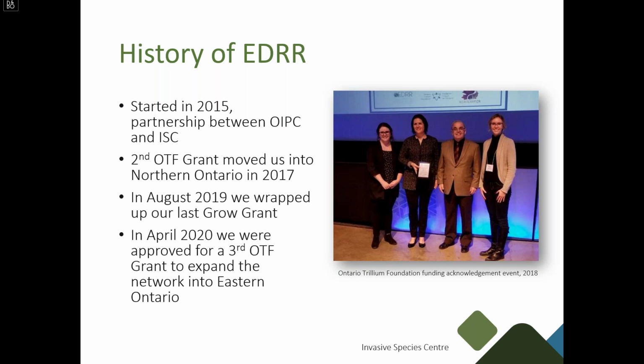Following our second grant, we moved into the Manitoulin, Sudbury, and Algoma catchment of OTF, and that wrapped up in August of 2019. In April 2020, we were approved for a third Ontario Trillium Foundation grant that will allow us to expand into Eastern Ontario. We're extremely grateful for the Ontario Trillium Foundation's continued support of this program.